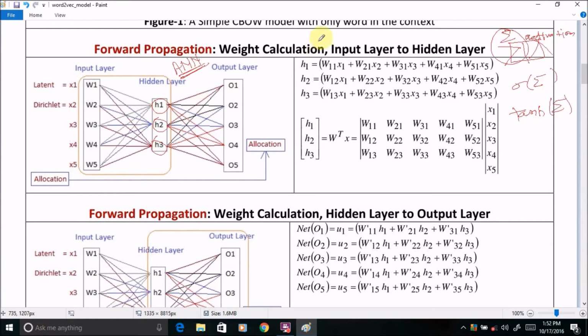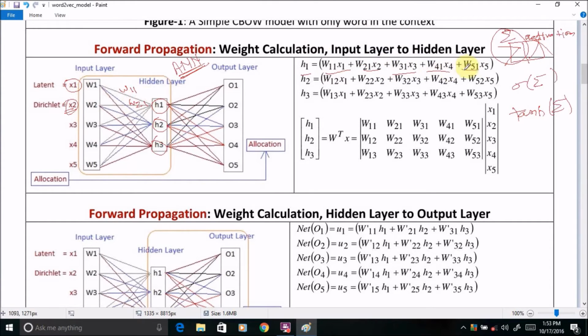So the value at node h1 will be like sum of weight of this neuron into the input parameter, plus we will just check all the connected neurons which are connected to hidden layer node h1, their weight multiplied by their input parameter. So the second may be like w21 into x2 and so on.